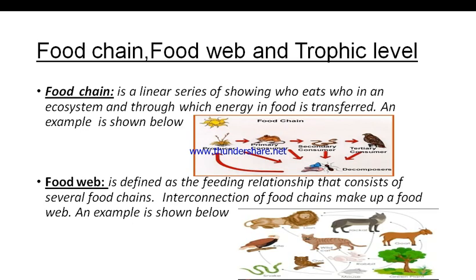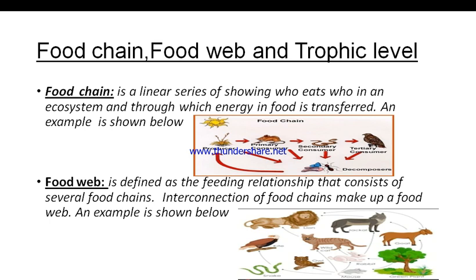Now let's go to the food chain, the food web, and trophic level. A food chain is a linear series showing who eats who in an ecosystem and through which energy in food is transferred. As you can see from the diagram, the producer absorbs sunlight and uses it to produce its own organic food. Then the primary consumer feeds on it, the primary consumer is fed on by the secondary consumer, and the tertiary feeds on the secondary.